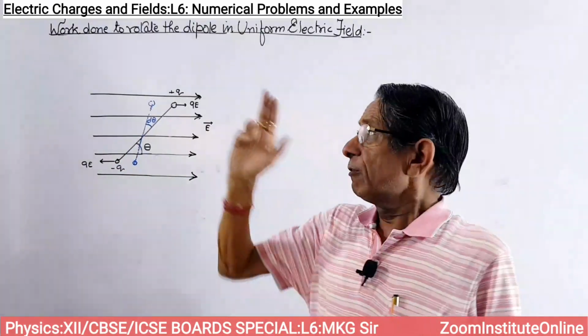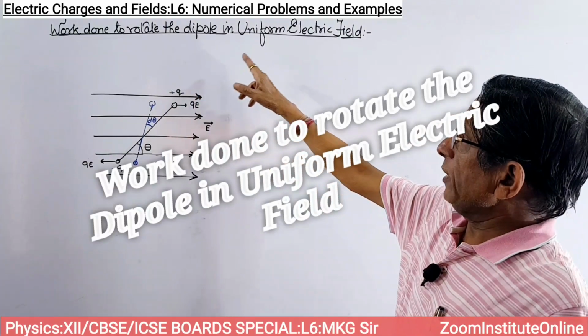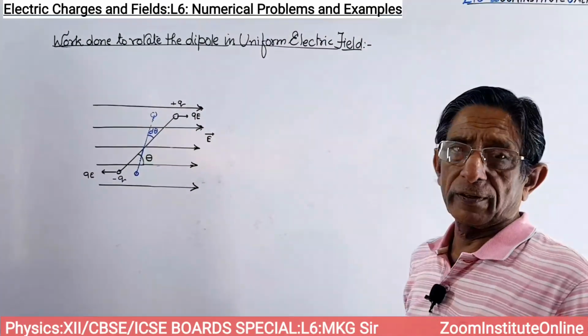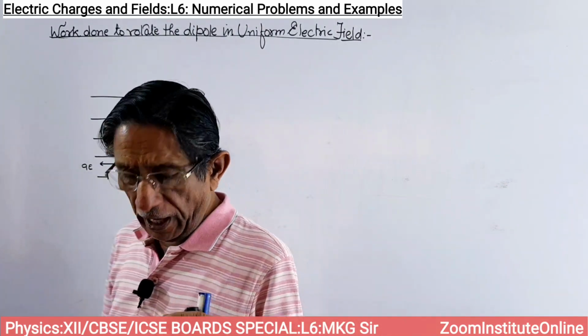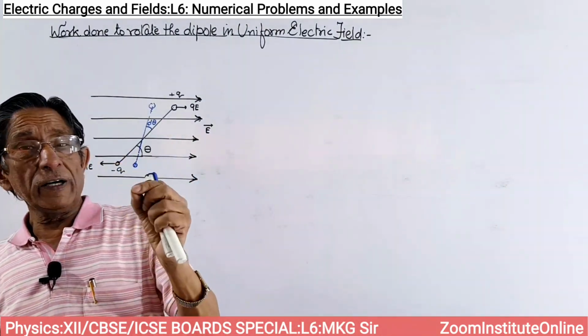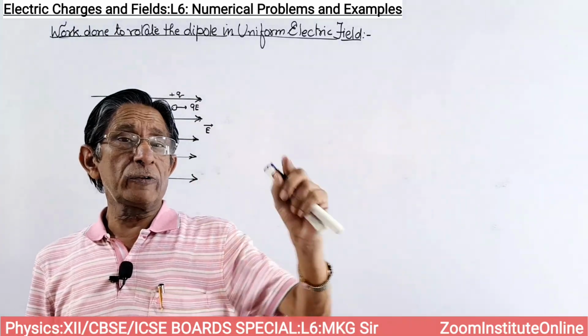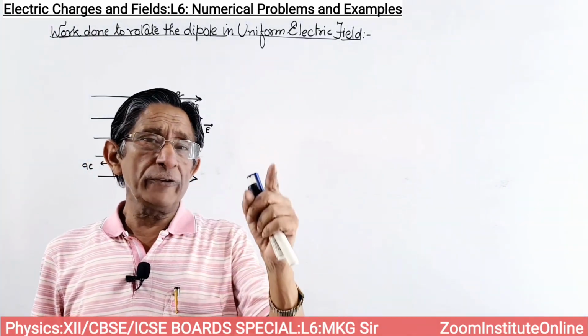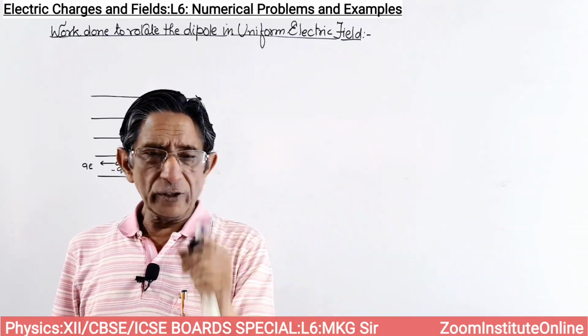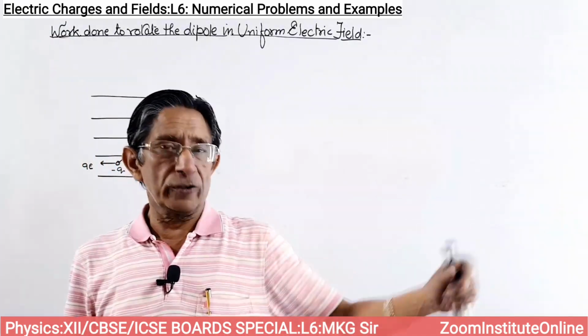Students, now we come to the topic work done to rotate the dipole in uniform electric field. Students, you know, when a body is moved, we have to perform work, and the work done is given by the formula force into displacement. In rotational motion, force is replaced by torque and the displacement is replaced by angular displacement.